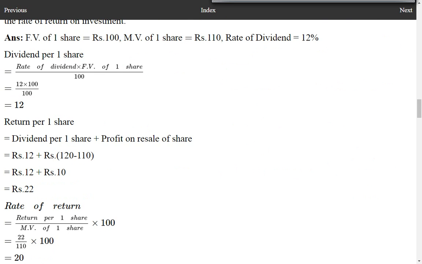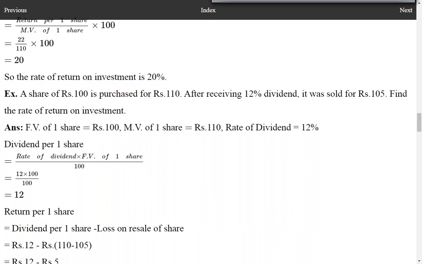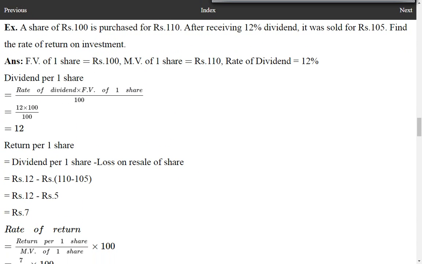Let us solve the next example of similar type, but here there is resale of shares with loss. So what is the example? A share of rupees 100 is purchased for rupees 110. After receiving 12% dividend, it was sold for rupees 105.